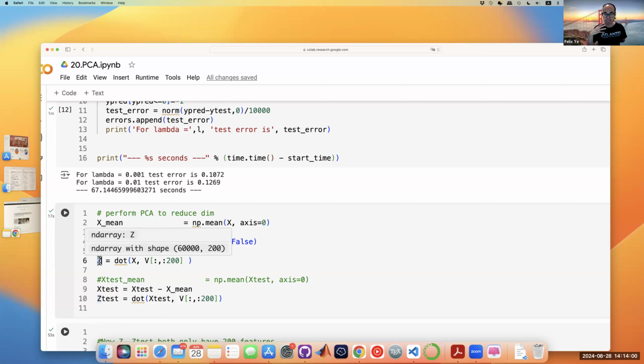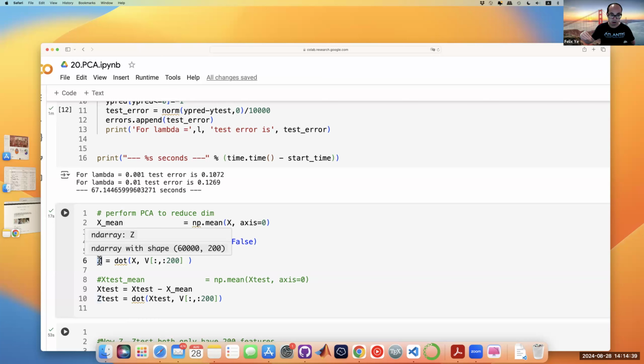So this Z is not viewable. It actually lives in 200 dimensions. If you want to view this image, you have to put the basis back, like what we were doing for the X2. Then you can view each image. But each Z here is a low dimensional data representation for each data point.